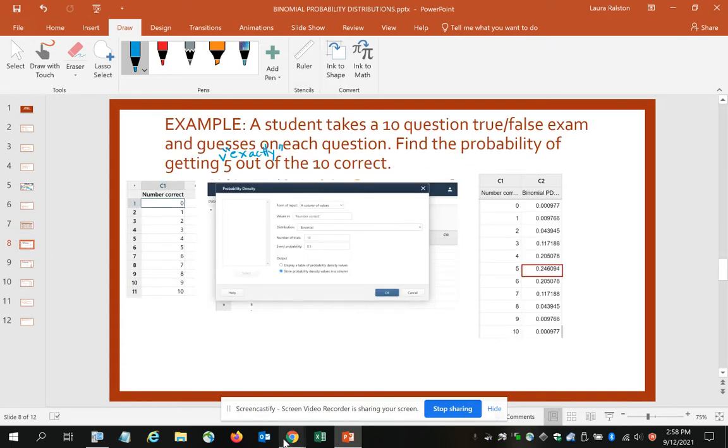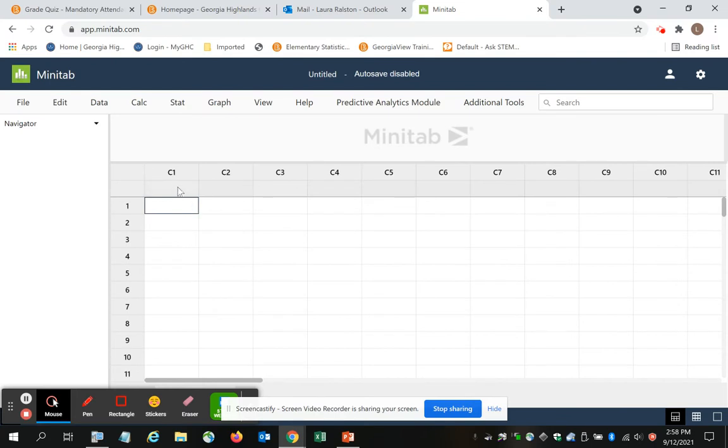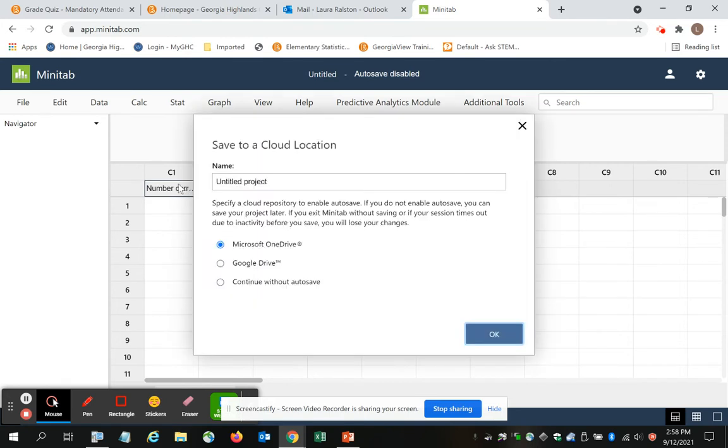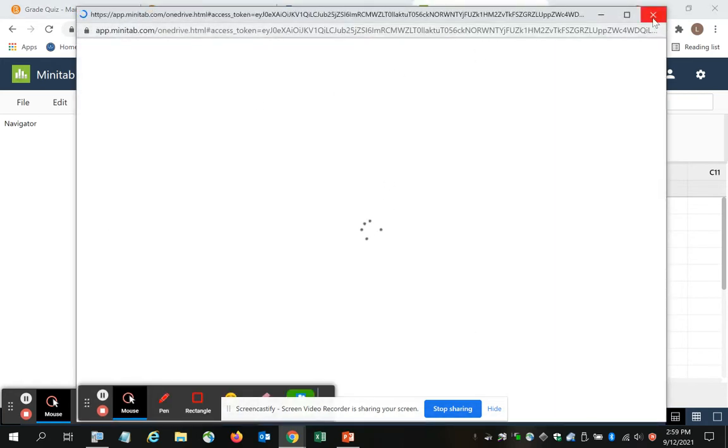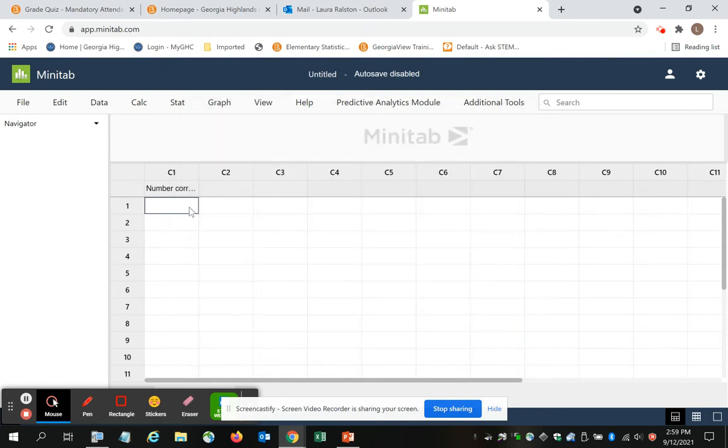Okay, so the first thing that you do, and I'm going to do this in Minitab as we go along, is you go to Minitab, and in the first column, since I don't have any other data in there, I have to enter all of the possible values for x. So if I'm going to answer 10 questions on the true-false exam, and I want to know how many I got correct, we're going to call this the number correct. It could be that you don't get any of them correct, and that's one where students forget.